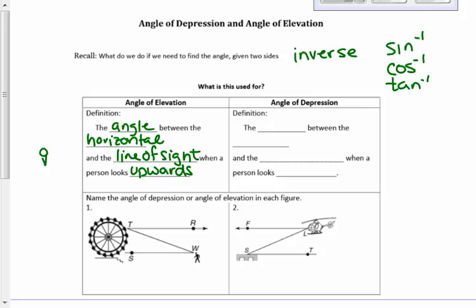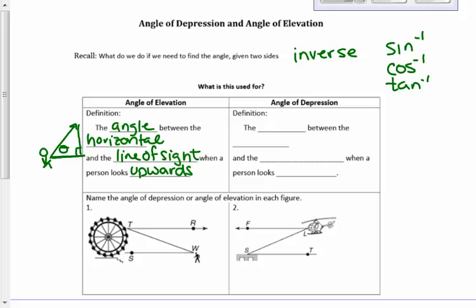Your horizontal is what your eyes can see at the bottom of what you're looking up at, and the angle in between is the angle of elevation. If you were to connect down from your line of sight to your horizontal, it creates a 90-degree angle. That's why we can use trig, because we have a 90-degree angle, which gives us a right triangle.